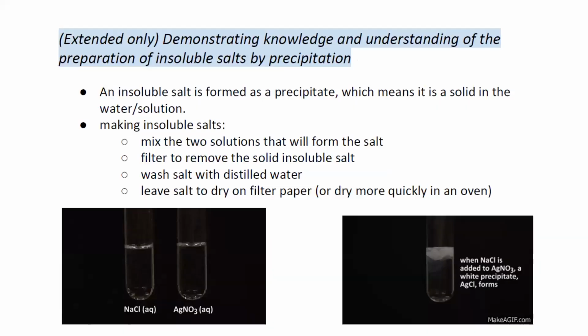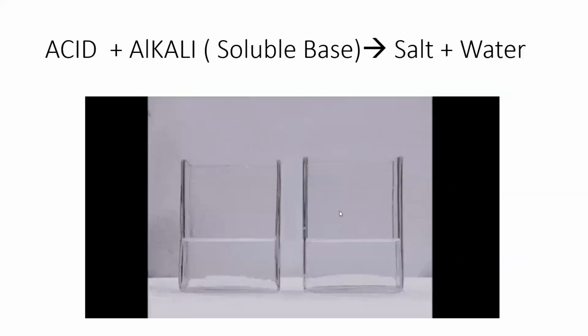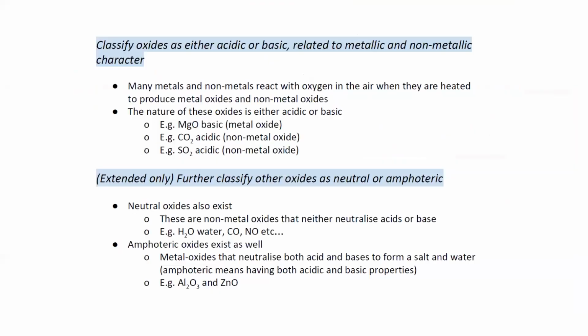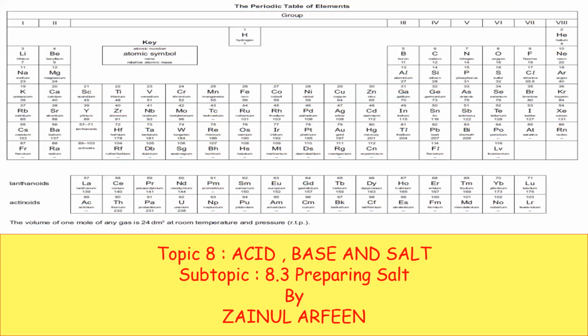And if we want to prepare an insoluble salt, we can use ionic precipitation. Is it clear? So topic 8.3 was preparing a salt, how we can manufacture or prepare a salt.